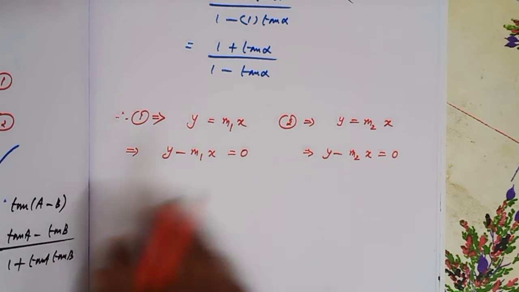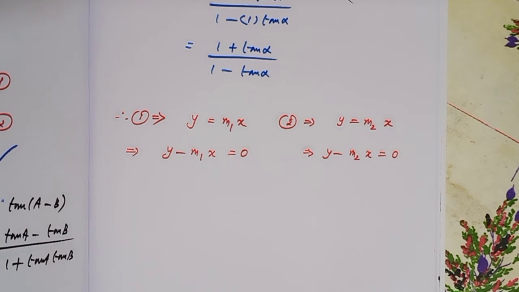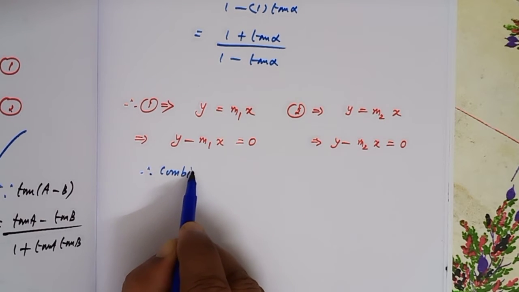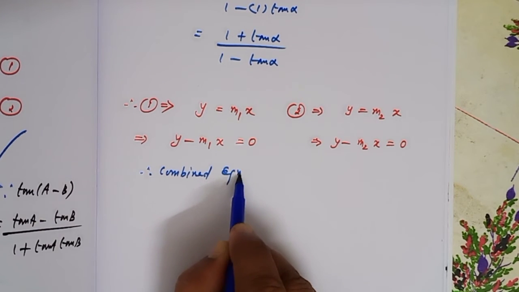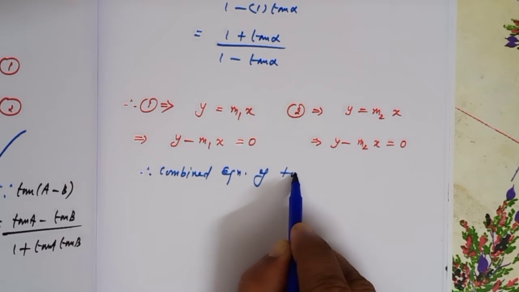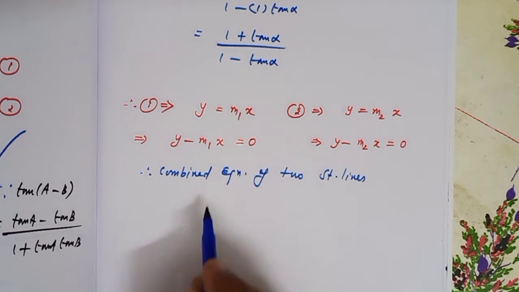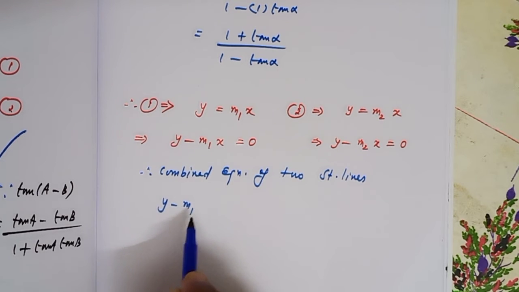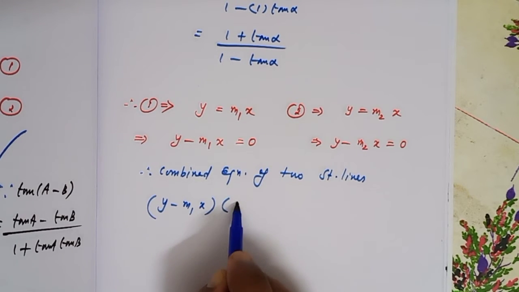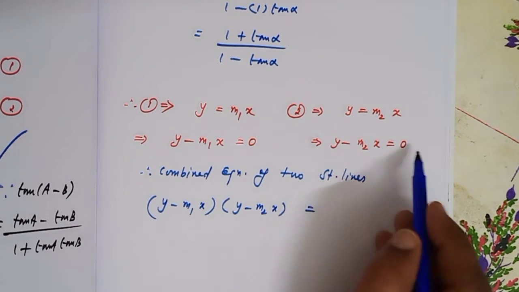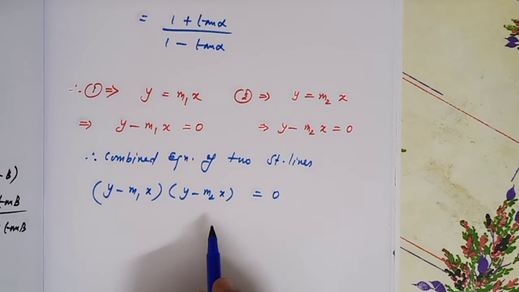Now combine the equation of two straight lines. Therefore the combined equation of two straight lines: you have to multiply these two. So y minus m1x into y minus m2x is equal to 0 into 0, that is equal to 0.